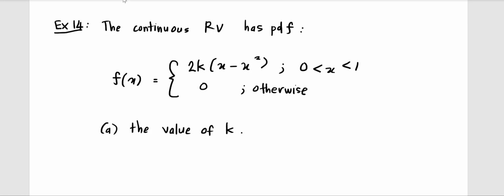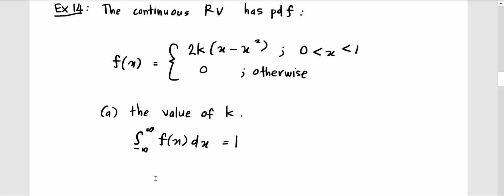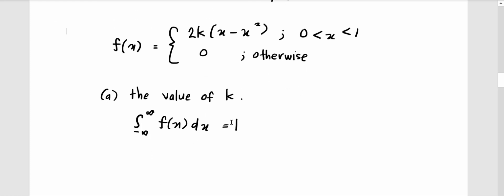Okay, now we look at the next example. It is given a continuous random variable with this PDF. The question asks to find the value of k. Again, we know that the integral from negative infinity to infinity of f(x) dx is equal to 1, so we can get the value of k by using this property. Now 2k is a constant, so we don't need to integrate it, we just integrate the variables.